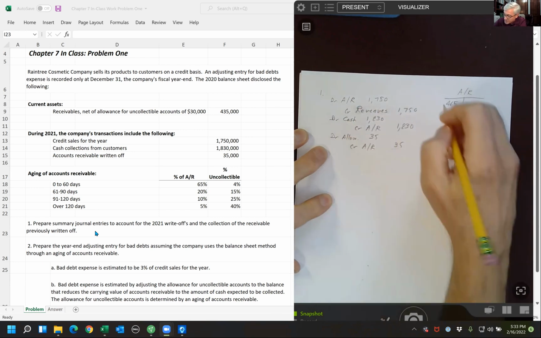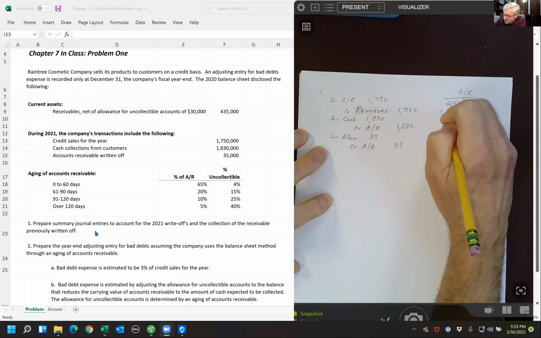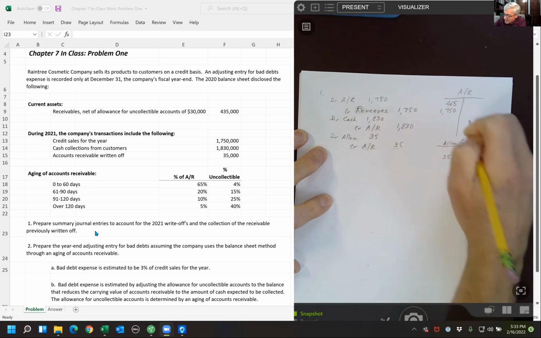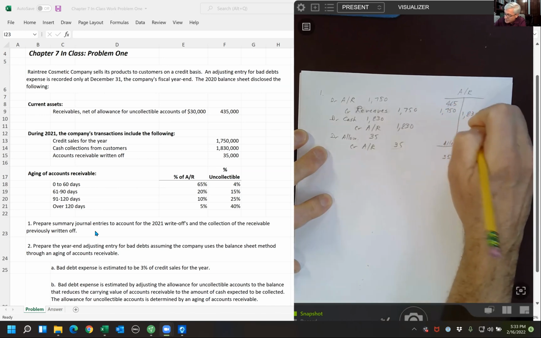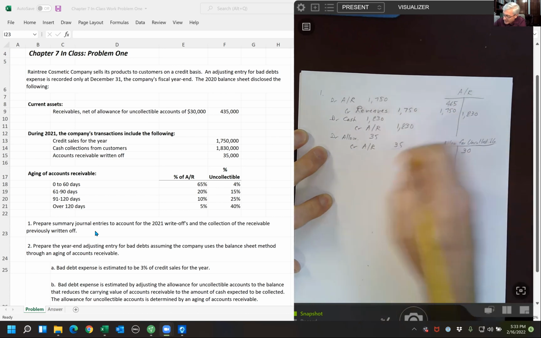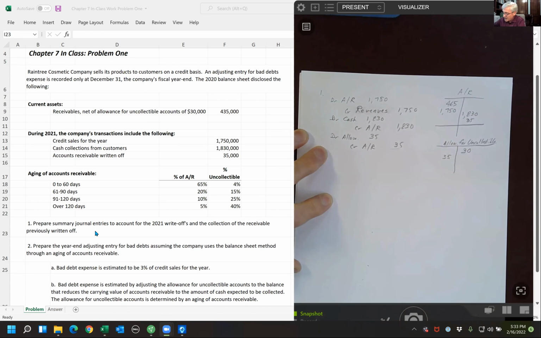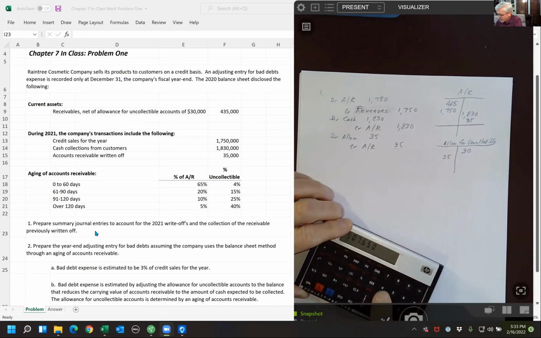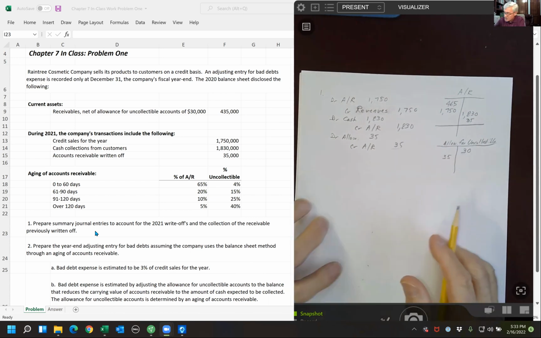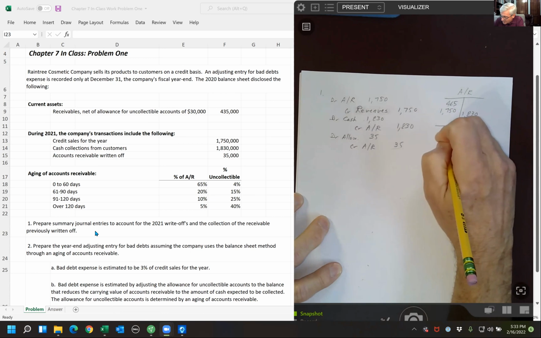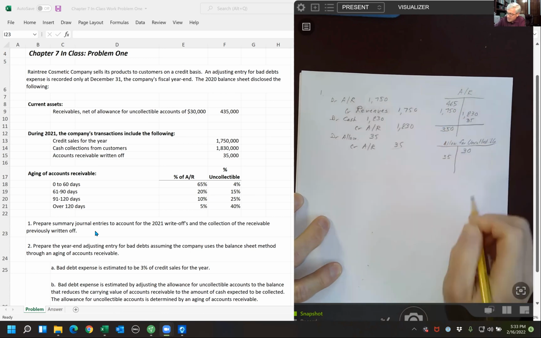Let's post these entries. So we've got 465 plus $1,750,000. I'm just doing my T accounts here for AR, and I've got another $35,000 credit there. So what's my final balance in AR? It's 465 plus a debit of 1750 minus a credit of 1830 minus a credit of 35, and I get to a $350,000 debit balance.